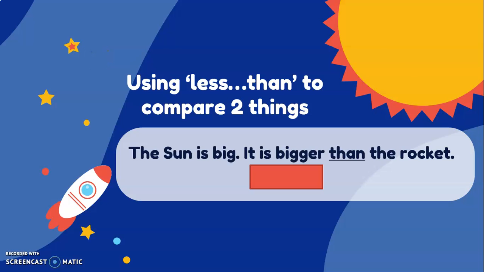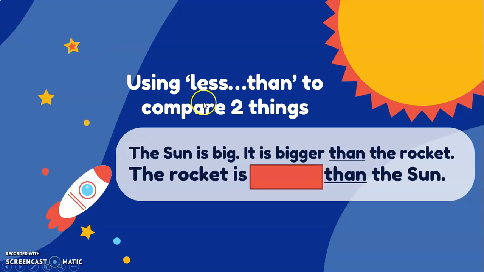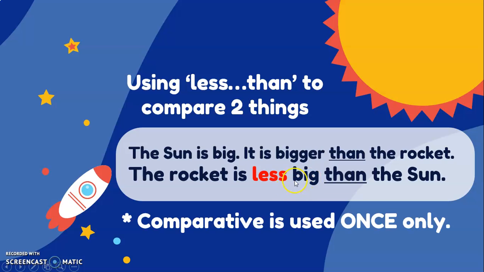So, like here in this example, the sun is big. It is bigger than the rocket on the left. So, at the same time, you may say the rocket is less big than the sun. Mind you, we are still comparing 2 things, so we still need the word than. However, a very common mistake would be that students think they are comparing 2 things, right?